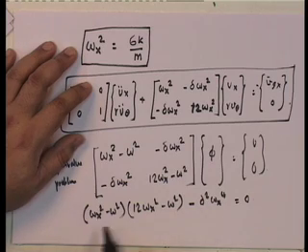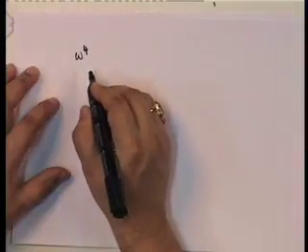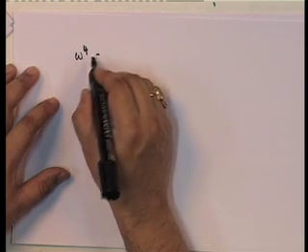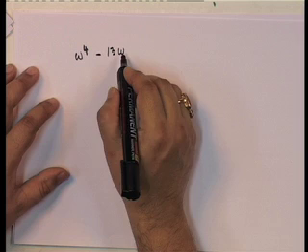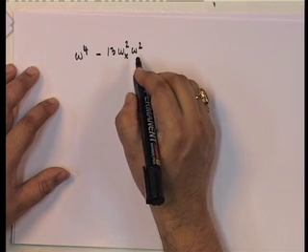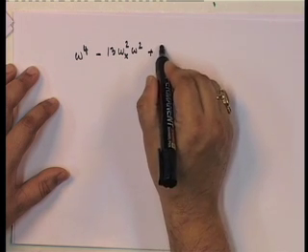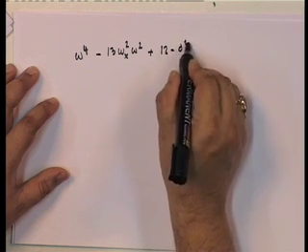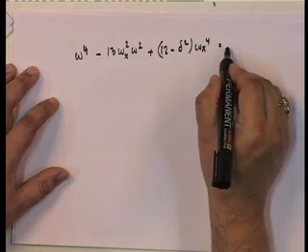So my frequency equation becomes omega fourth, minus 13 omega squared omega x squared, and finally omega x fourth, plus 12 minus delta squared omega x fourth, is equal to 0.